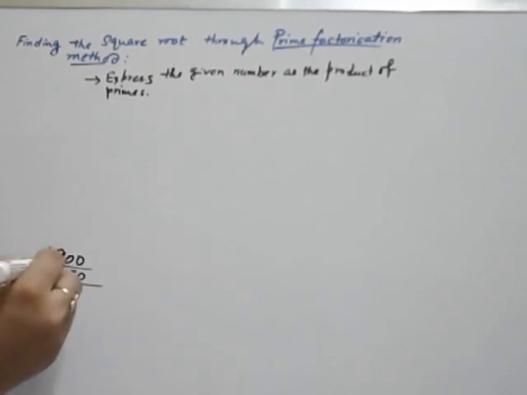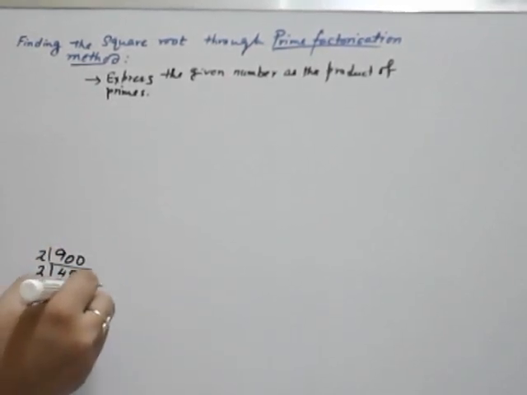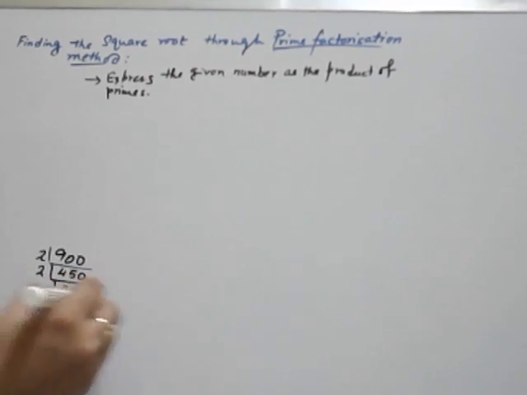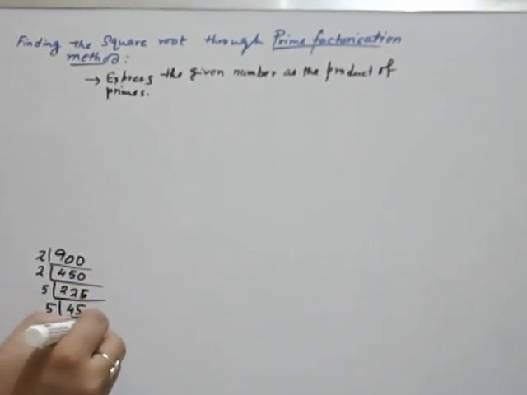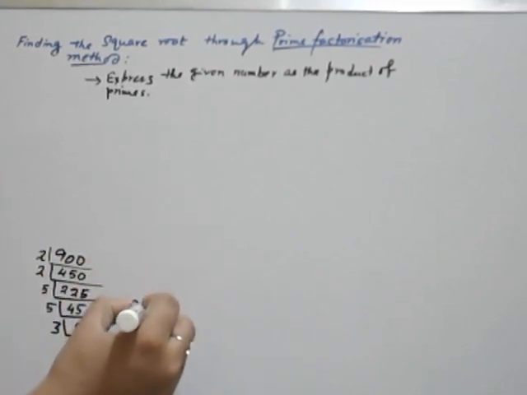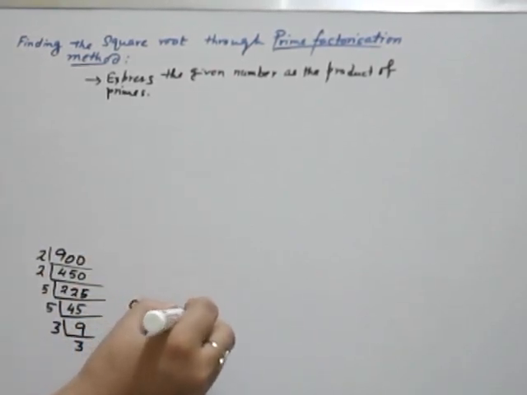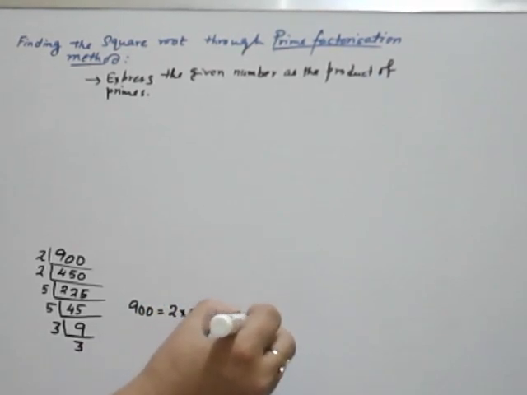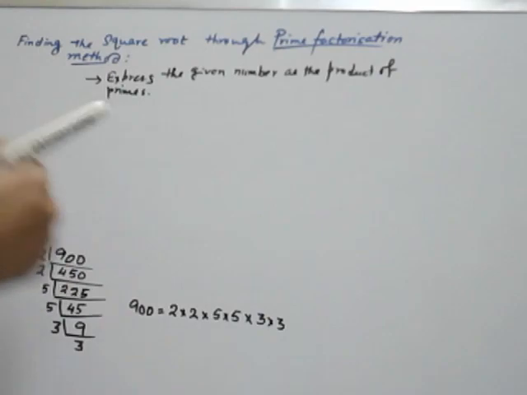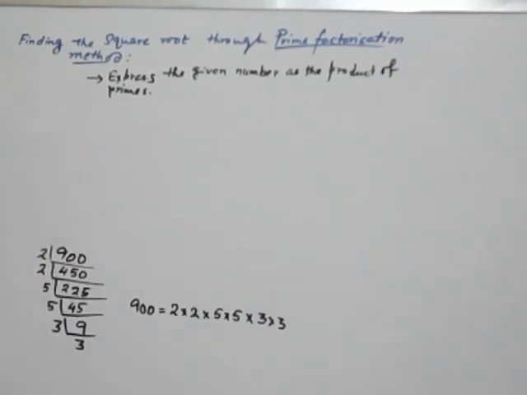Next again you divide by 2, then you divide by 5, and divide by 5 again. So 900 is 2 into 2, 5 into 5 into 3 into 3. So the first step is over: express the given number as a product of primes.